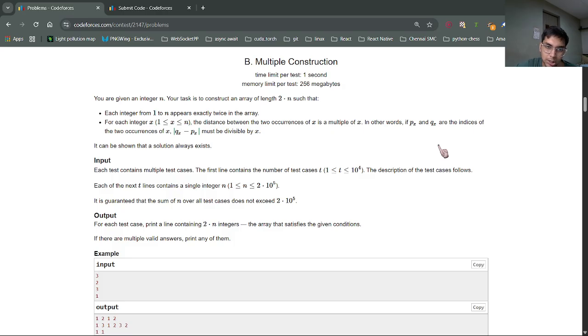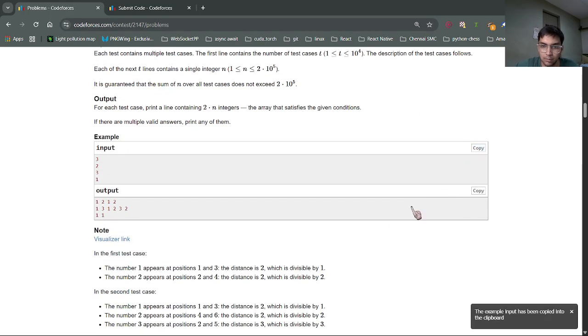For each integer x, the distance between two occurrences of x is a multiple of x. Wow. In other words, px and qx are the indices of the two occurrences of x. Then qx minus px must be divisible by x, which can be shown that the solution always exists. Oh, lovely.